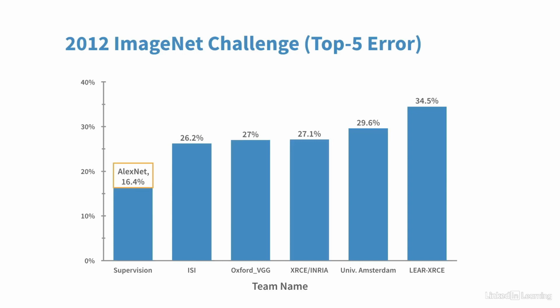It achieved a top 5 error rate of 15.3%, which was 9.8% lower than the runner-up. To put this improvement in perspective, the top 5 error rate for the winning entry in 2011 was 25.8%, meaning that AlexNet cut the error rate by more than half compared to the previous year's winner.